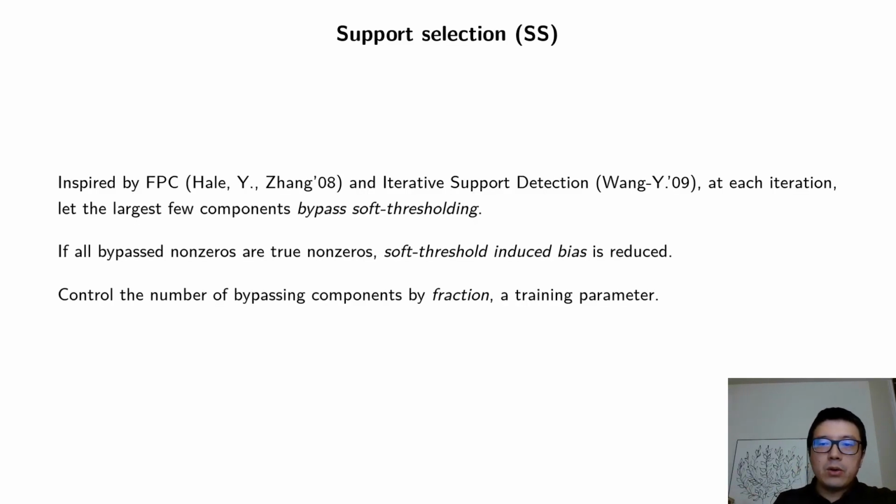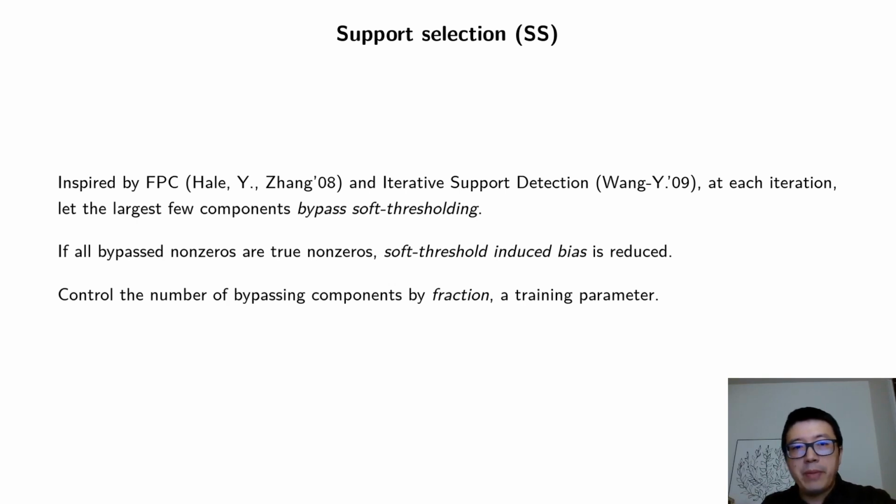And then we incorporate another technique, which I developed at Rice University with my co-authors Elaine Hale, Yin Zhang, and Yilun Wang, more than 10 years ago. The idea is that in each iteration, we let the largest few components in xk bypass soft thresholding. The reasoning behind this is when the bypassed non-zeros are true non-zeros in the signal, then you will avoid the bias induced by soft thresholding on those components.